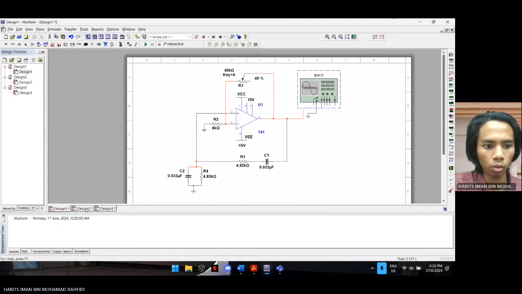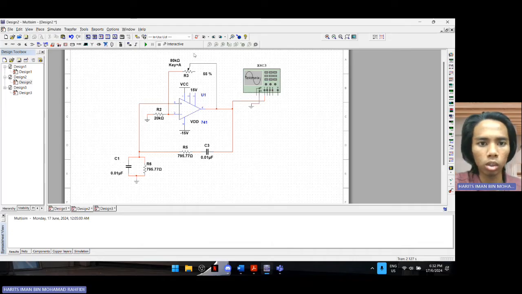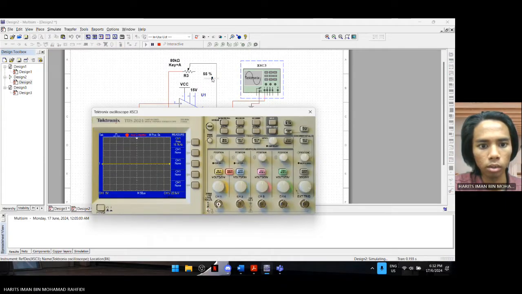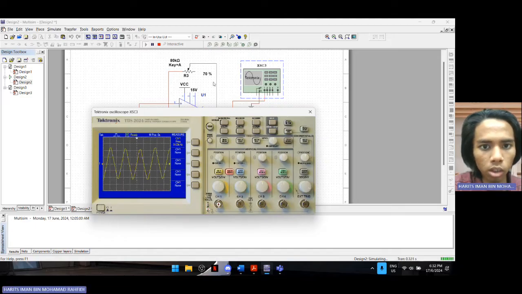So for oscillator 2, the circuit is the same as oscillator 1 because they are both the same type of oscillator. So let me run this. Okay, you can see here, when I increase it, there is a bit of distortion, so we will just lower it back.